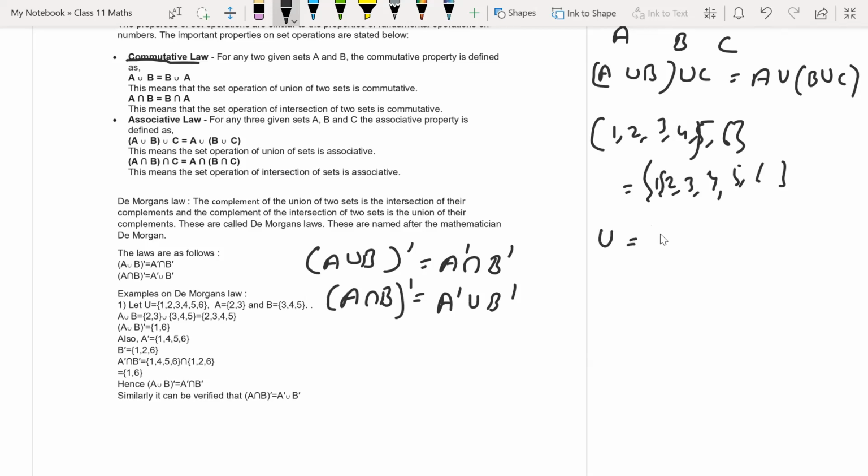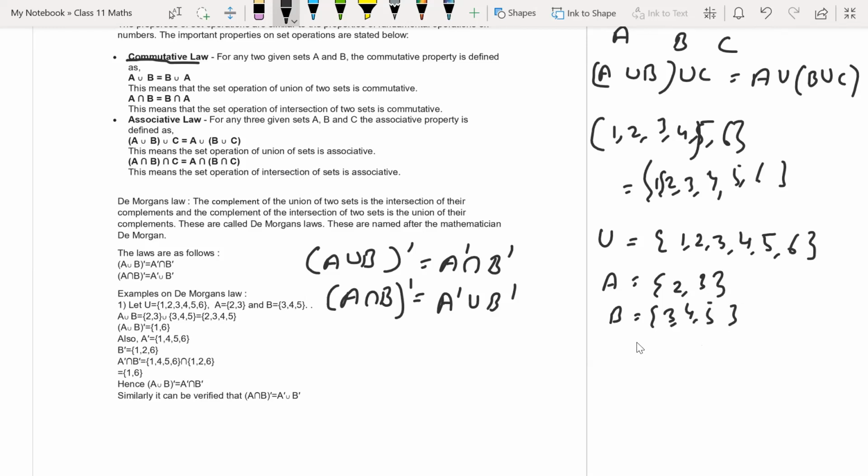Let U be a set 1, 2, 3, 4, 5, and 6. A's value is 2, 3. B is equal to 3, 4, 5.